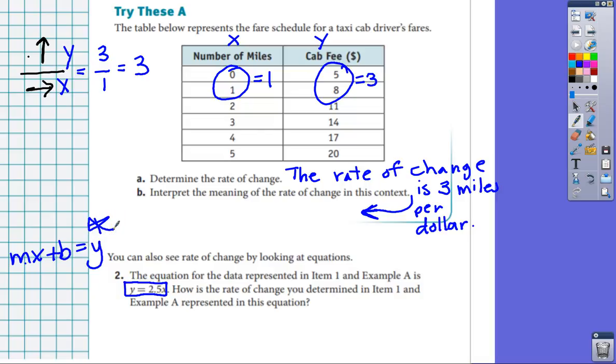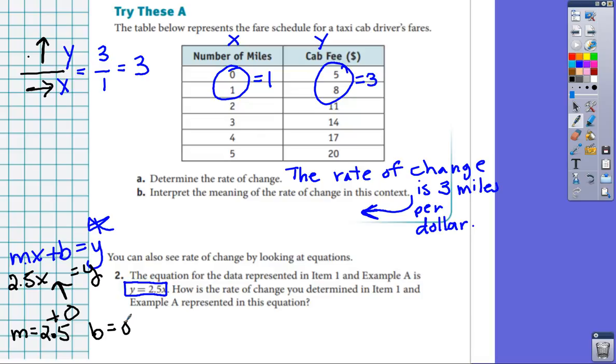You will start getting pop quizzes on that. So if we write our equation under that, we're going to get 2.5x equals y. Because we don't see anything there, we're going to assume that's plus 0. Okay? So that means our slope is 2.5. Our slope's always the one next to the x. And our y-intercept is 0.